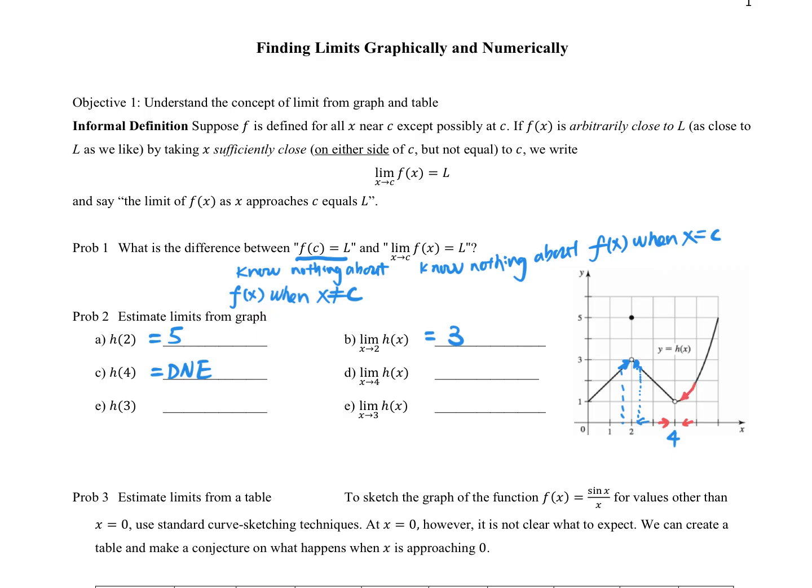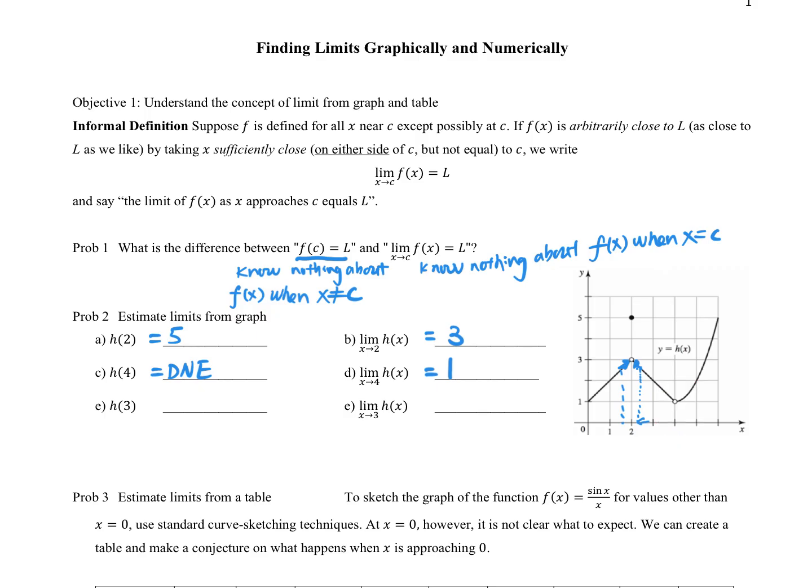So you see that from both sides, the y value, which is the h of the function h, is approaching this open circle there, which is 1. So therefore we conclude that the limit is equal to 1 when x is approaching 4. Now let me erase those so that you don't get distracted.